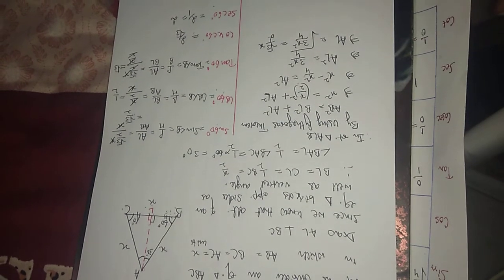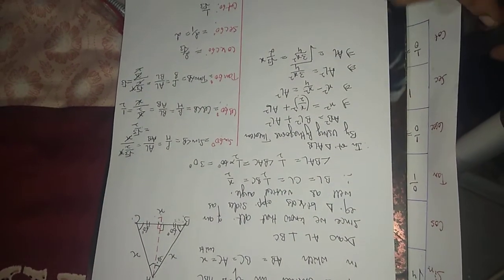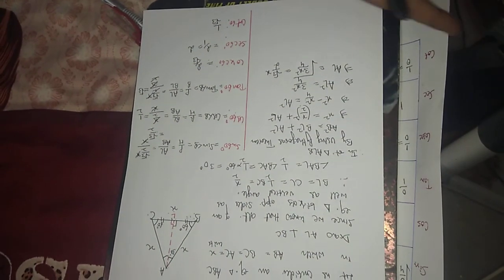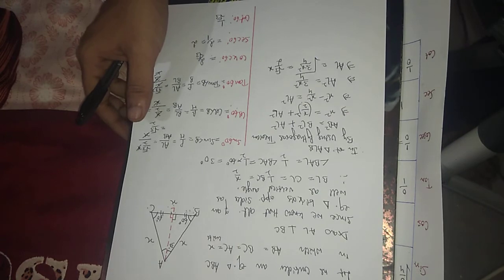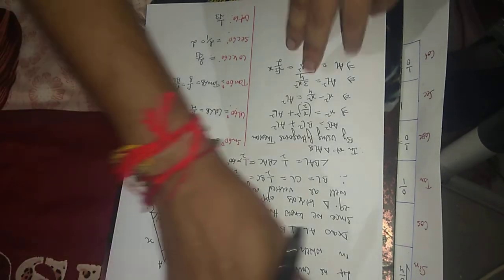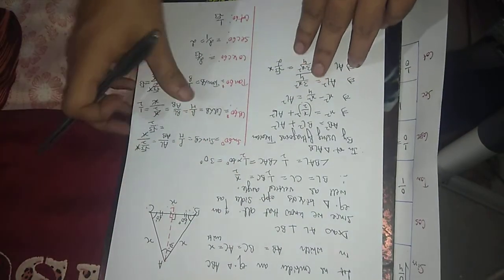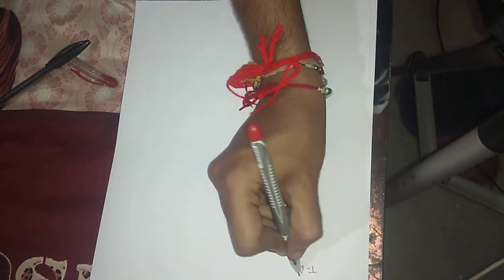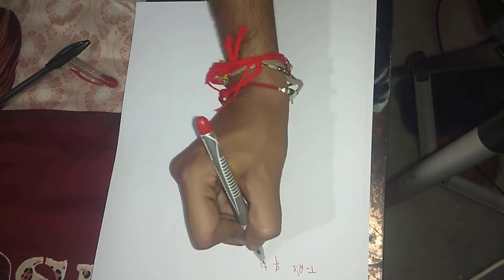Now let's proceed towards the T ratios of 45 degree.